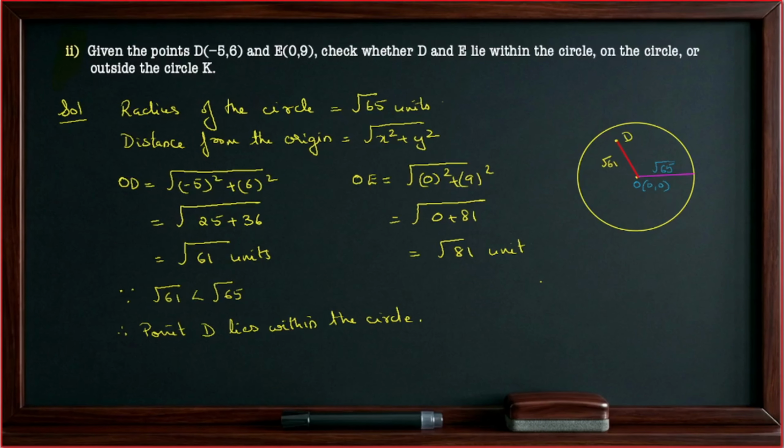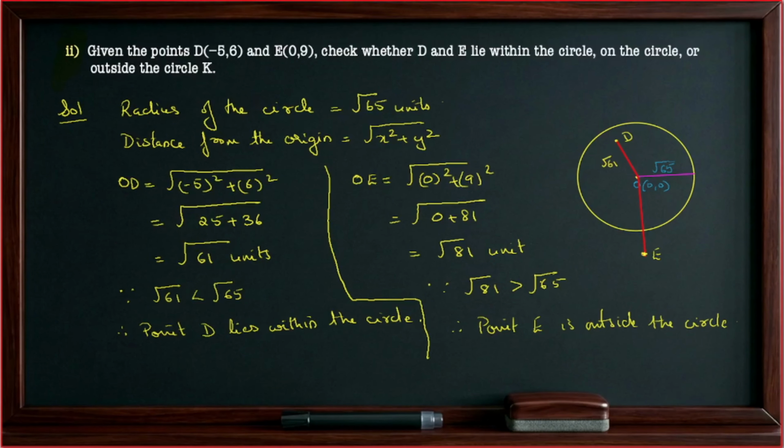And now if you look, root 81 is greater than root 65, right? So how will this figure be? From this point, it will be outside the circle, because the radius from the center till the circle is root 65. So here it is root 81, which means that it is outside the circle. Therefore, point E is outside the circle.